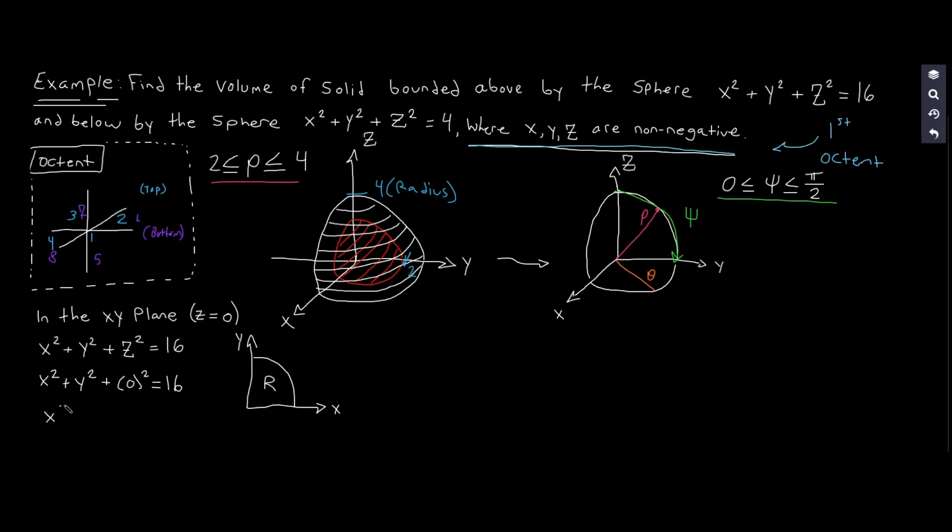That's the same thing as x squared plus y squared equals 16, which is the radius squared, equal to 16. If we took the square root of 16, that equals 4. That means the intersection points on the xy plane are 4 for both x and y respectively.